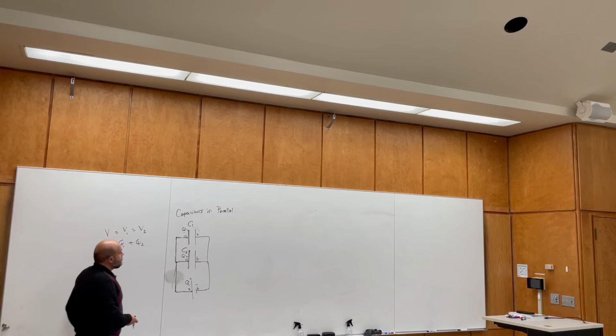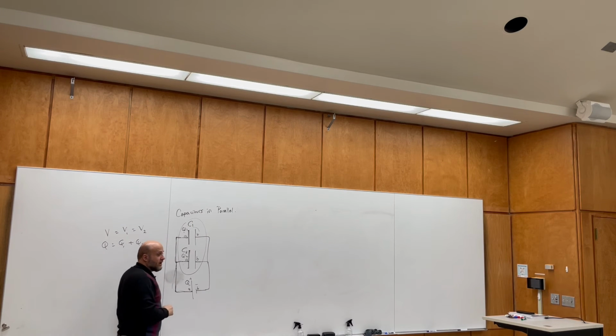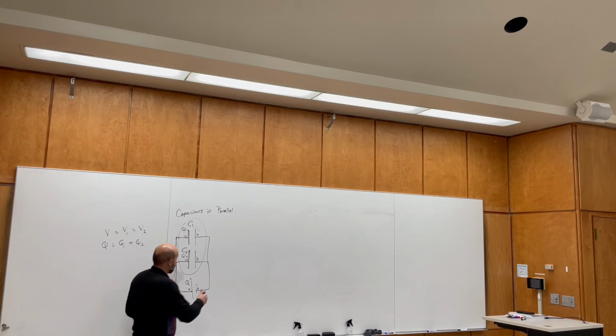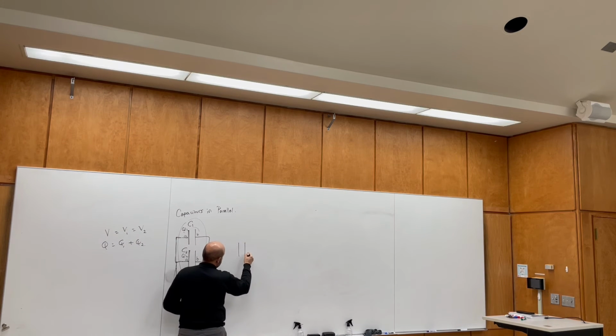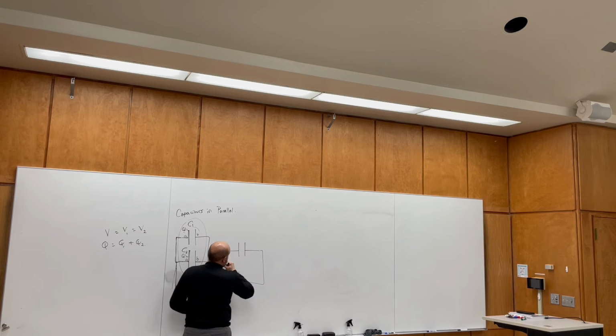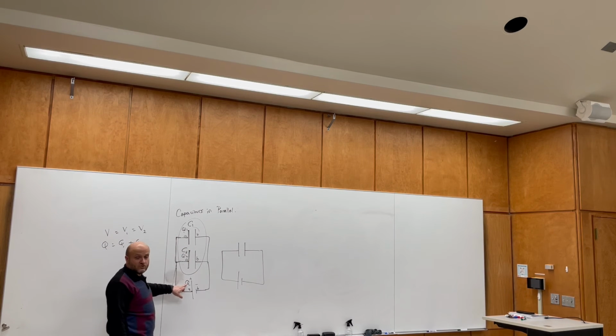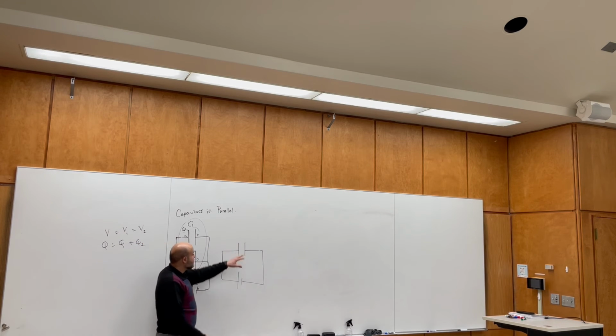Now, if we need to replace these two capacitors by one that will do the same job as both of them, we call this capacitor the equivalent of both. So if I want to make a circuit with only one capacitor, and this circuit is equivalent to this, which means these two capacitors take a certain charge and certain voltage from the battery, this one will do the same thing.